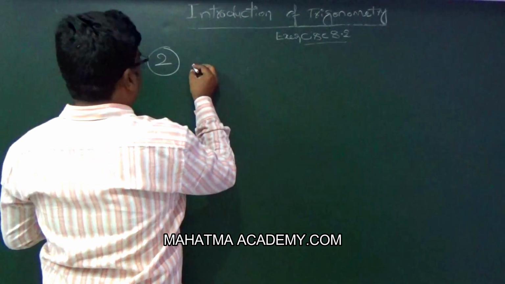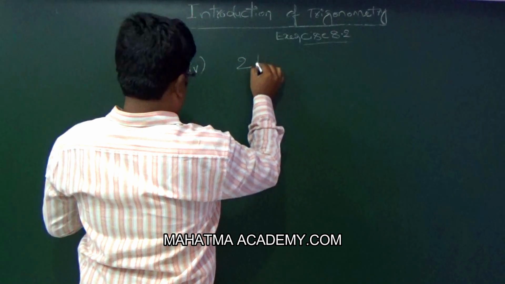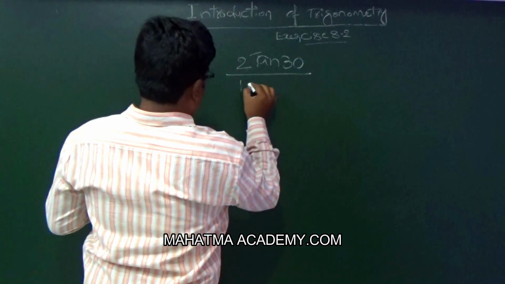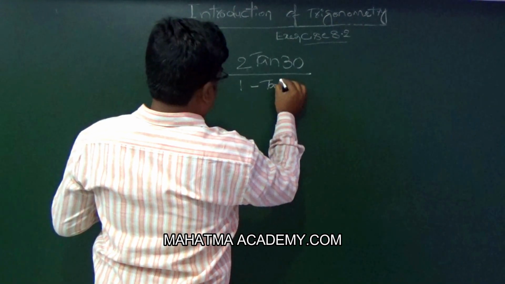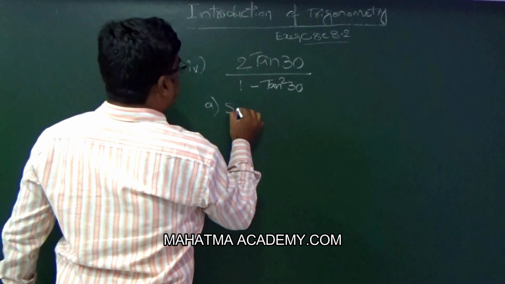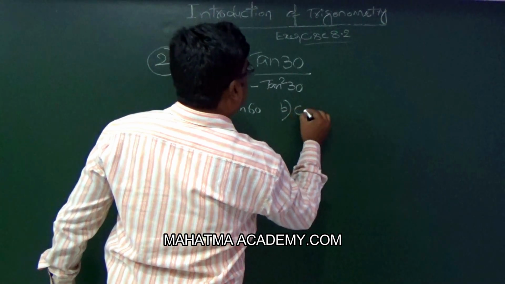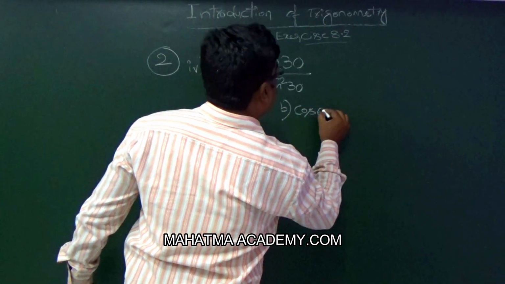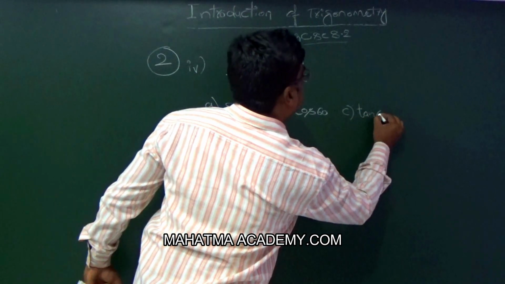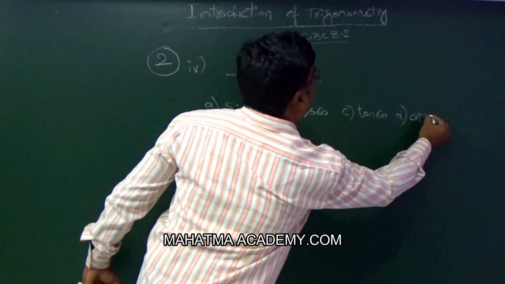Next, fourth problem. 2 tan 30 upon 1 minus tan square 30. Option A sin 60, option B cos 60, option C tan 60, option D cot 30.